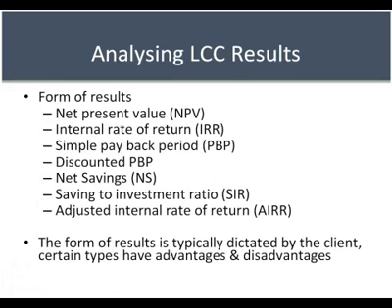And sometimes what I found is that the discount rate and the escalating rate of energy prices actually kind of cancel each other out in some instances. And that can make a simple payback actually a pretty decent yardstick.